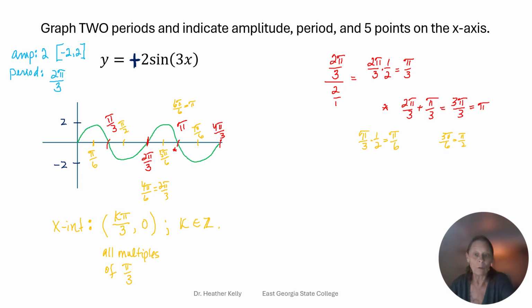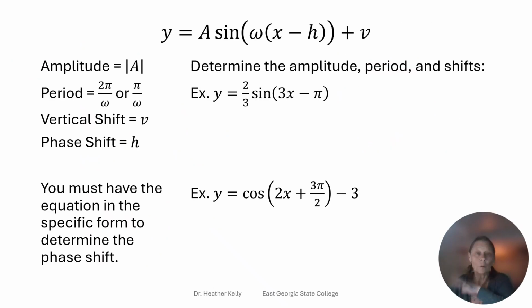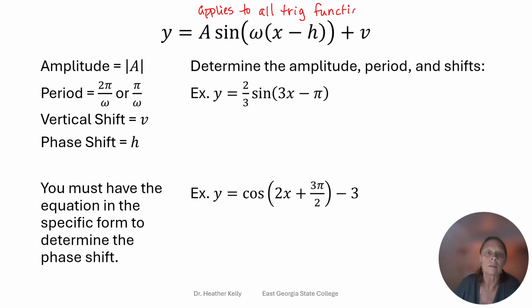Now you know how they basically work. Let's be able to shift them around and do some other things. So this is actually the standard form, and this applies, and I only wrote it in sine because I didn't want to have to write it in 6 different ways, but this applies to all the trig functions. Okay, doesn't have to be sine.